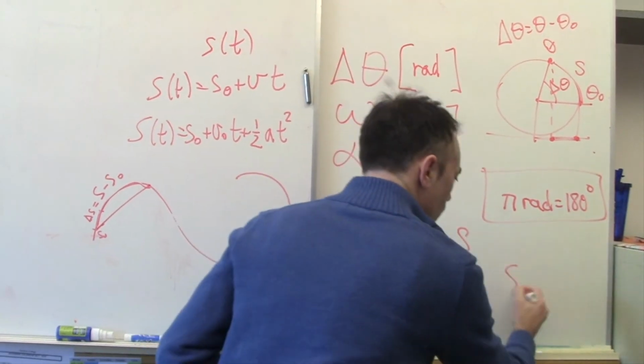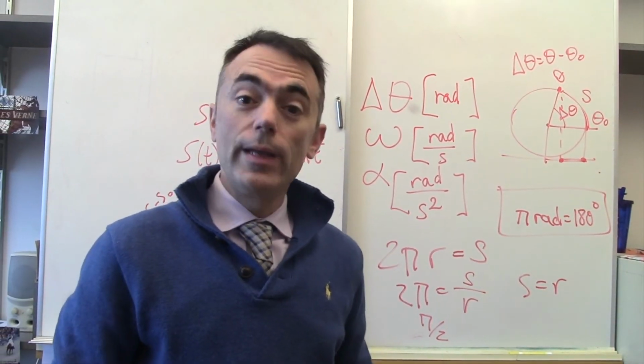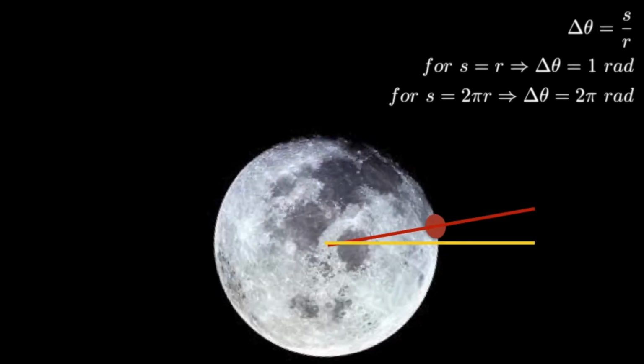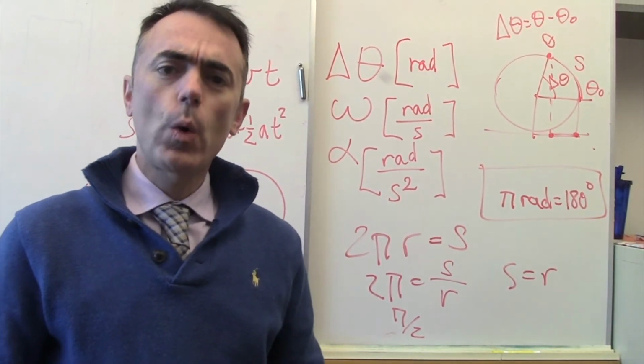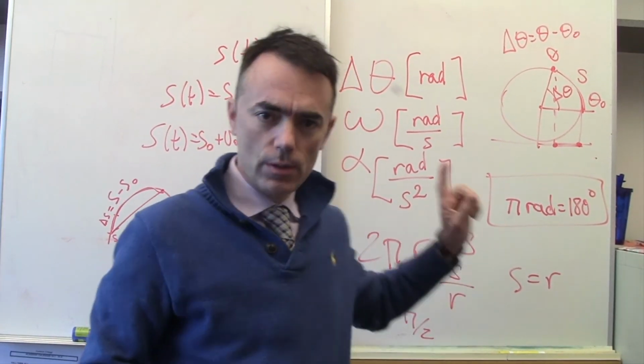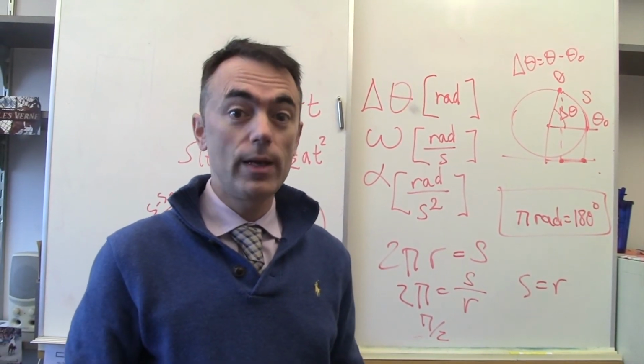When s is equal to r, then the angle is 1 radian. Generally, angular quantities in physics must be expressed in radians, as just mentioned. Be sure to set your calculator to radian mode.